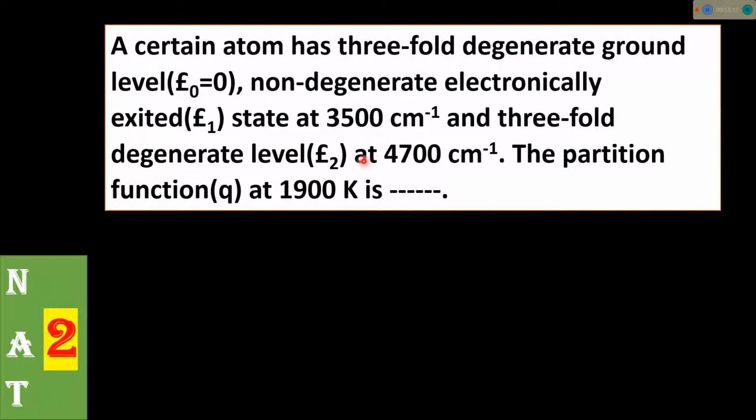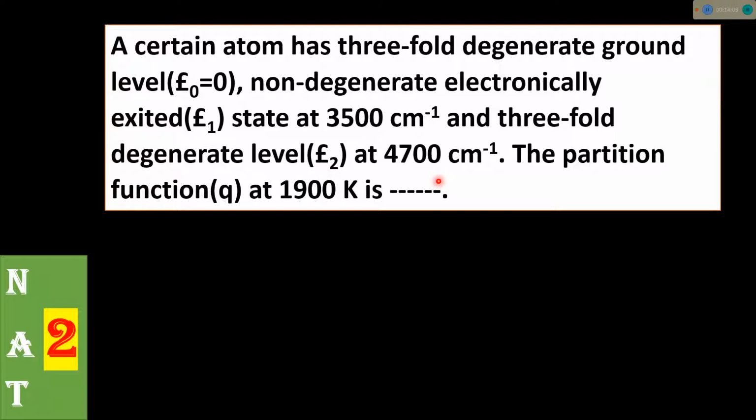So these are the corresponding energy values: epsilon 0 equals 0, epsilon 1 equals 3500 centimeter inverse, epsilon 2 equals 4700 centimeter inverse. The degeneracy of the ground level, G0, is 3, G1 is 1 since it is non-degenerate, and G2, the degeneracy of energy level 2, is 3.